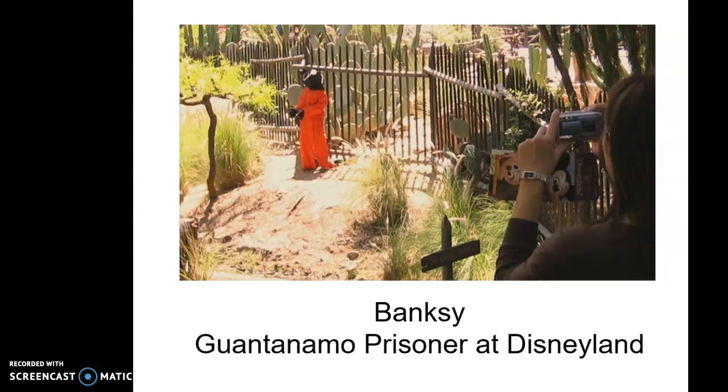I know recently, I think last year, that one of his pieces went up for sale at Sotheby's. And as soon as the gavel went down and it was bought, the painting kind of shredded out from underneath the frame. It, of course, made the painting worth so much more money, but you bought a shredded painting.